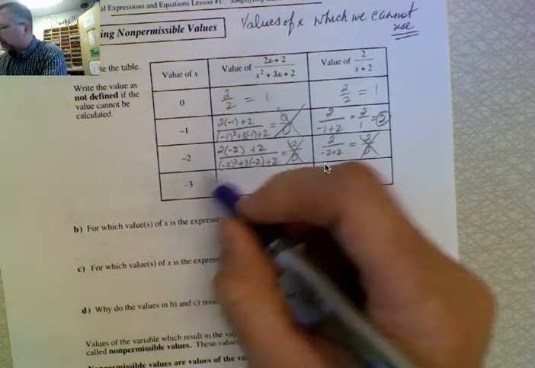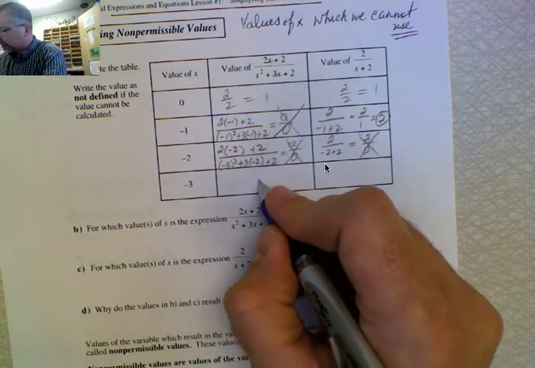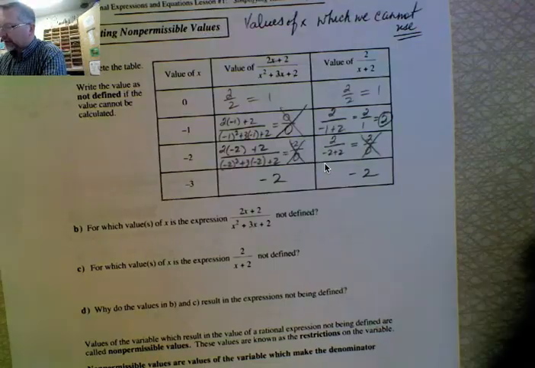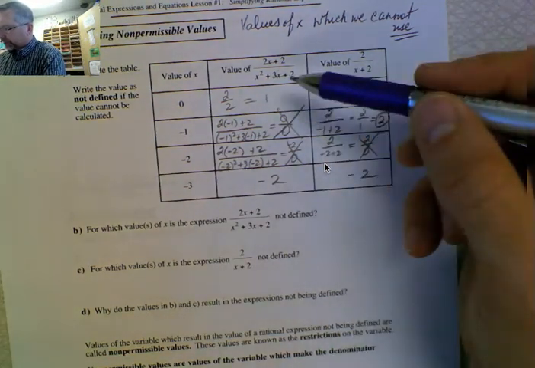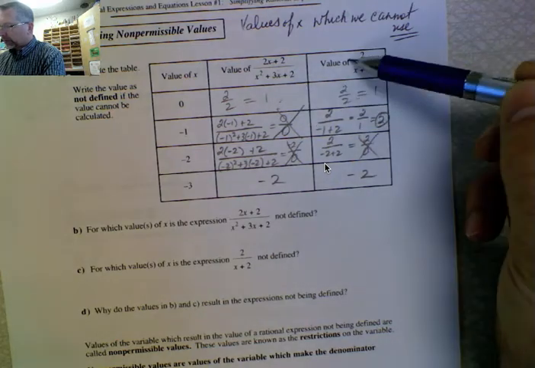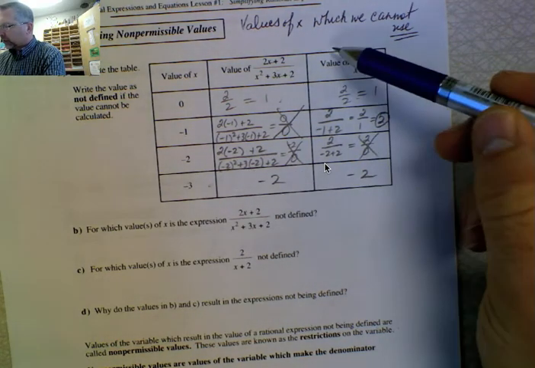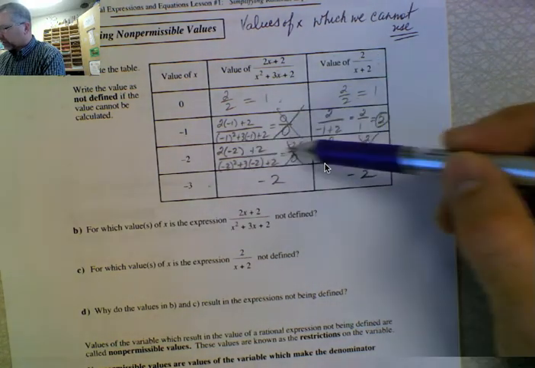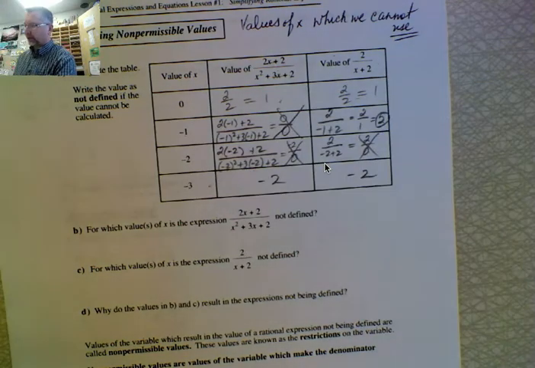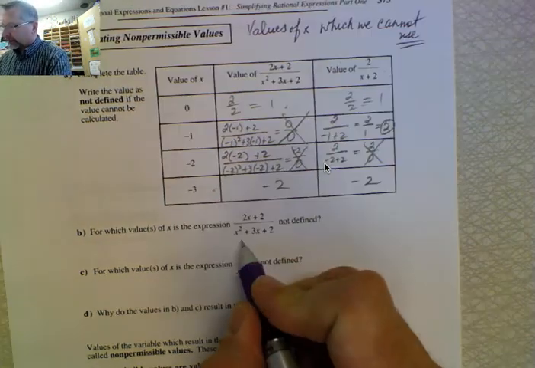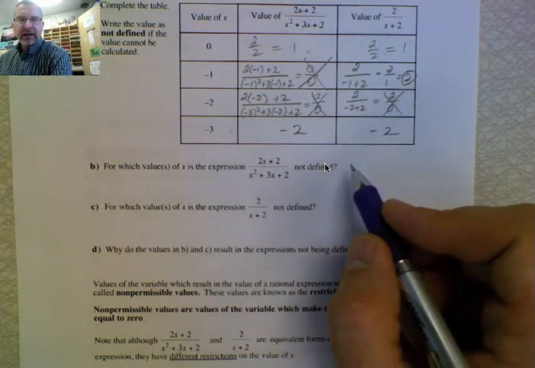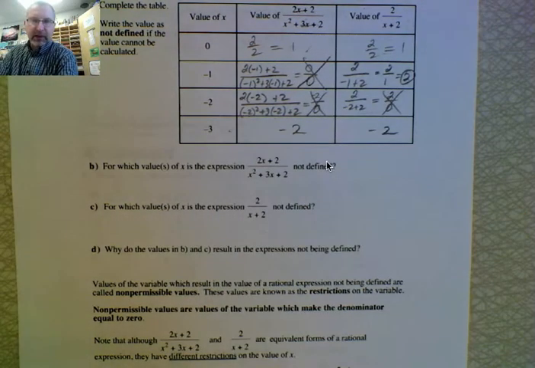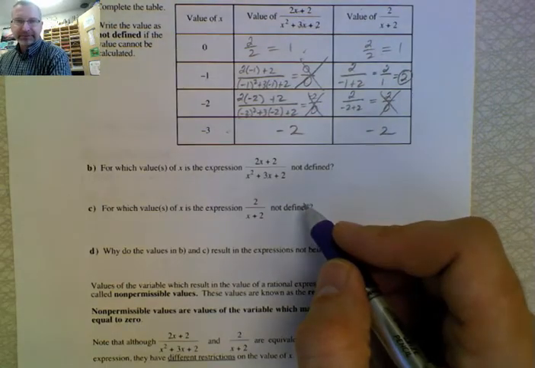If I plug -3 into each of these and calculate it out, I'm going to get a value of -2 in each case. So if I look at this table, 0 works. -3 works. But we have some interesting situations happening with -1 and -2. The next question says, for what values of x is this first expression not defined?